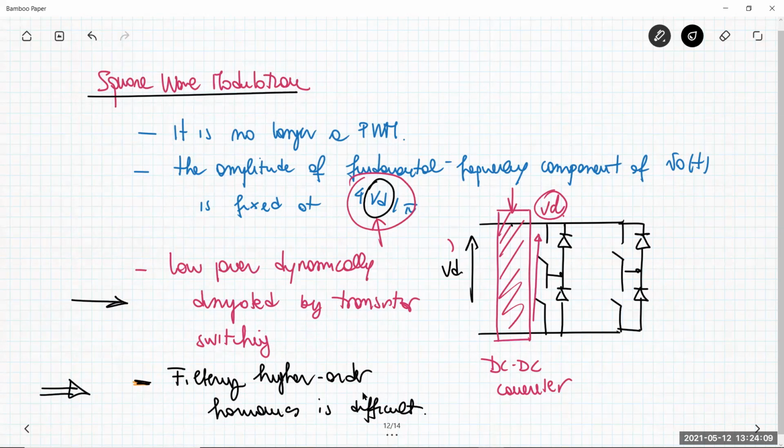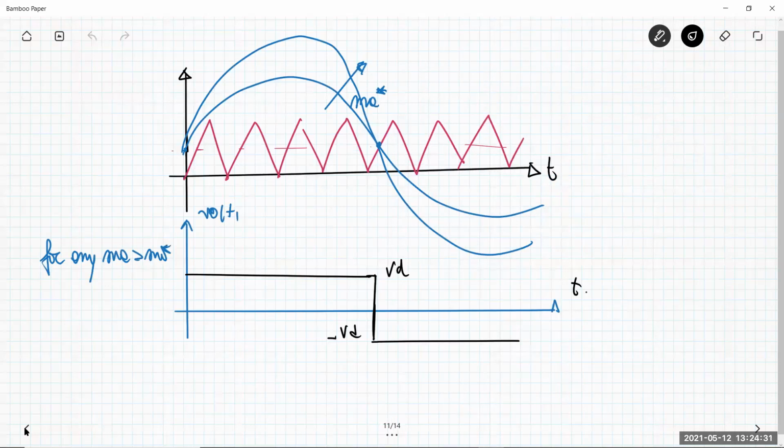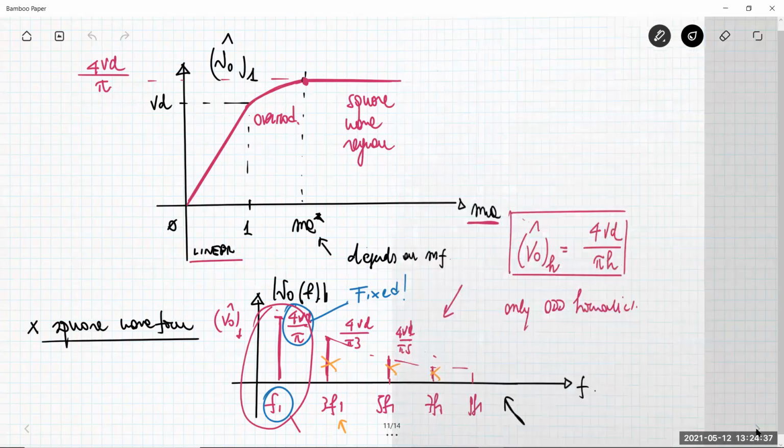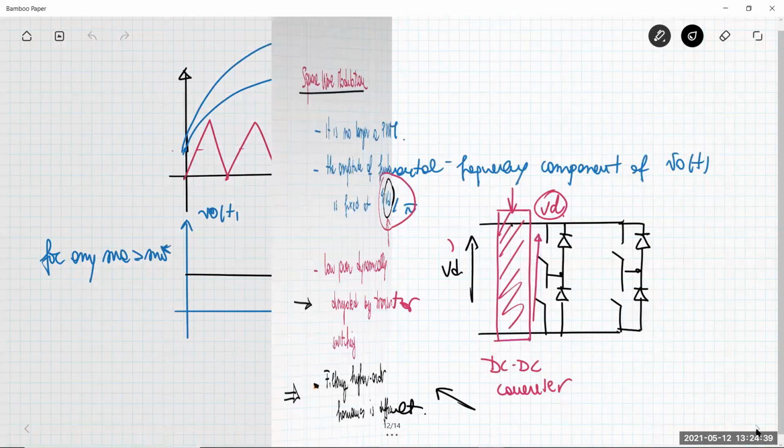Remember that the ripple you can have in the output current is related to not-so-good filtering of high order harmonics. So I'm expecting that in this case, in which the high order harmonics are very difficult to filter out due to the density in the spectrum, this leads to very large ripple in the current. And this is in effect what happens here.